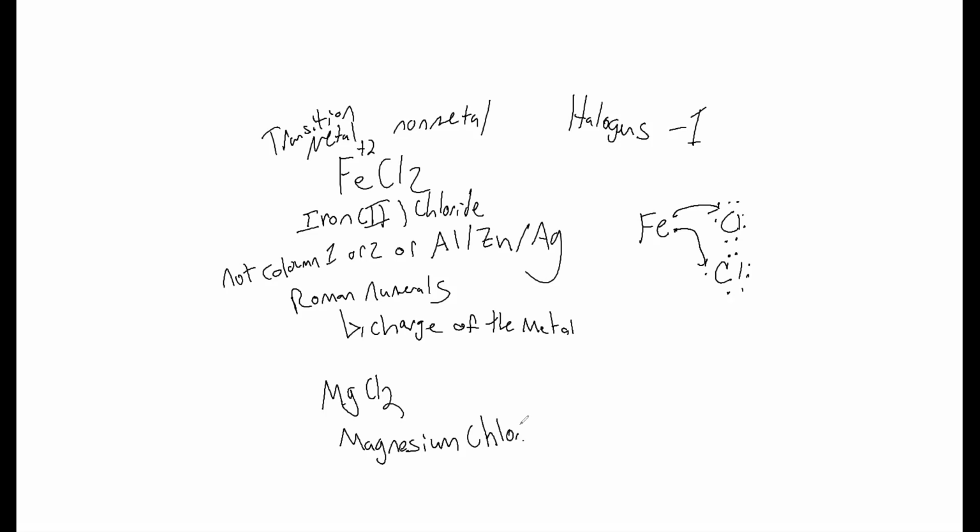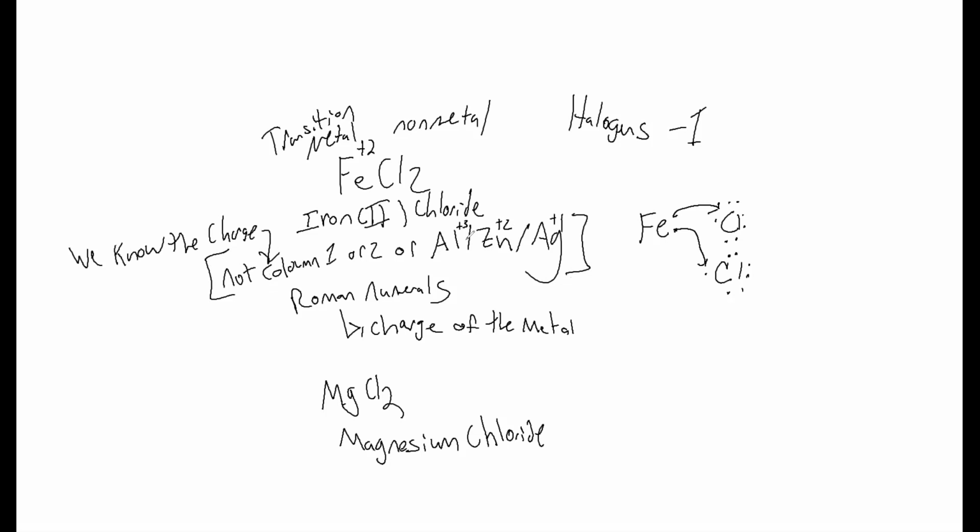And the reason behind that is that we know the charge of these metals. These metals in chemistry always have the same charge in reactions. Column 1s are +1. Column 2 is +2. Aluminum is 3. Zinc is 2. Silver is 1.